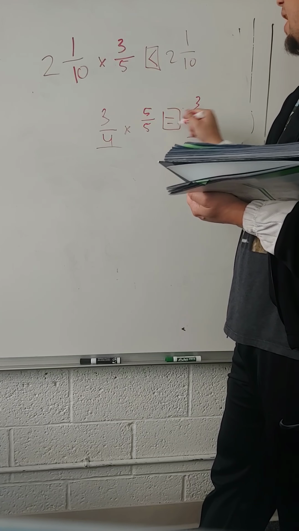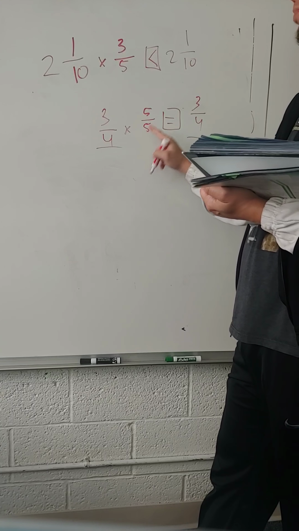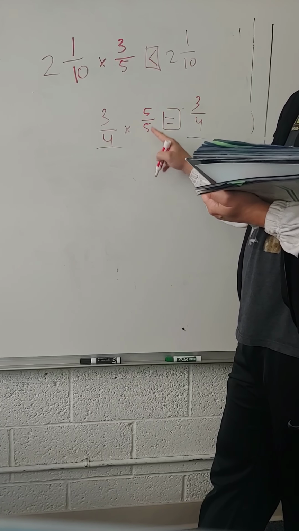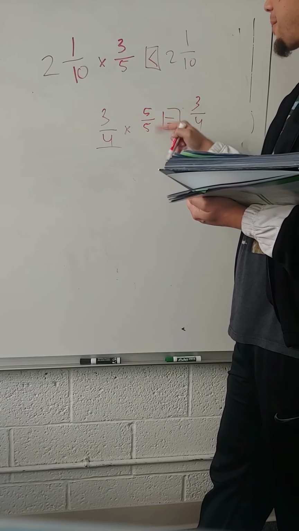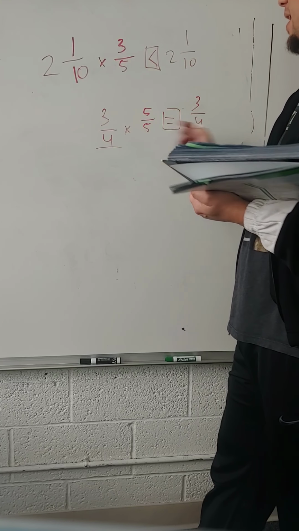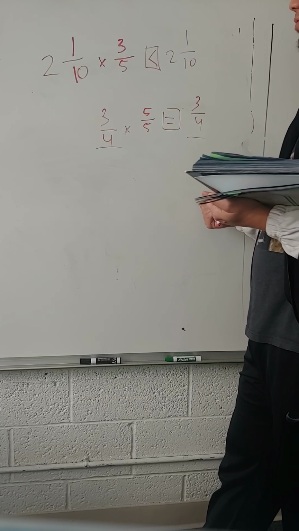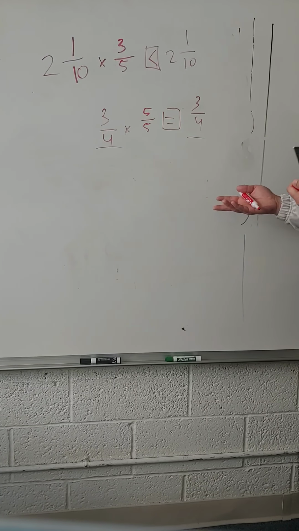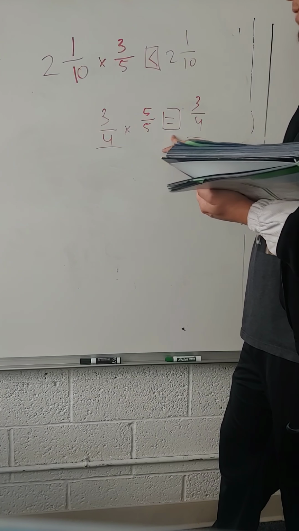Okay? So this is when you're going to have an equal situation. When it's multiplied by 5/5, or 1, a fraction where the numerator and the denominator are the same, then that means that it's going to be equal. Both sides would be 3/4. Okay? Because again, this is like multiplying 3/4 by 1. So that's one where it's equal to.